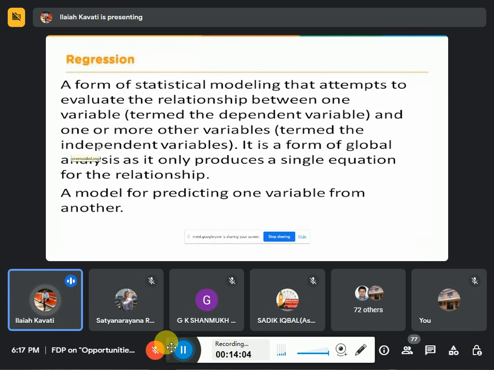Now, I'll tell you the difference between regression and classification. Suppose I ask you one question: what may be your salary in the next academic year? That is one question. The second question: in the next academic year, will I get a promotion or not?